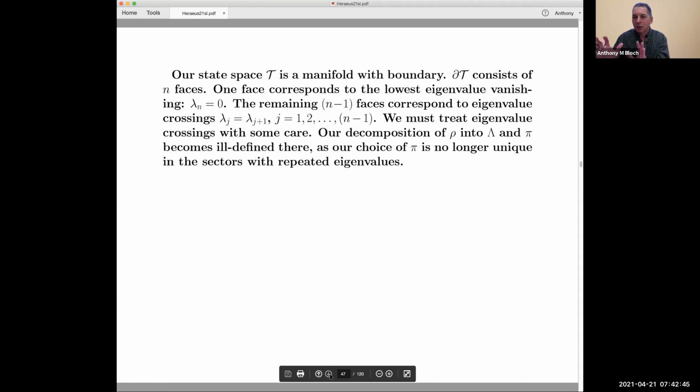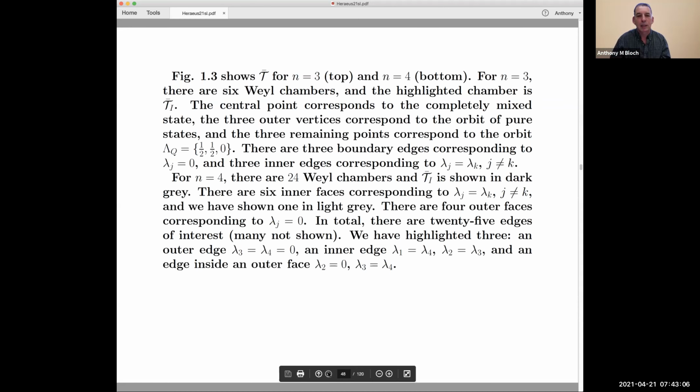The real difficulty here is the decomposition of the density operator rho into lambda and pi. There's some non-uniqueness here because of repeated eigenvalues and so on. But the nice thing is one can do this quite explicitly.